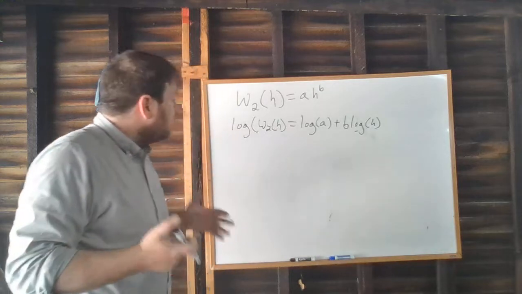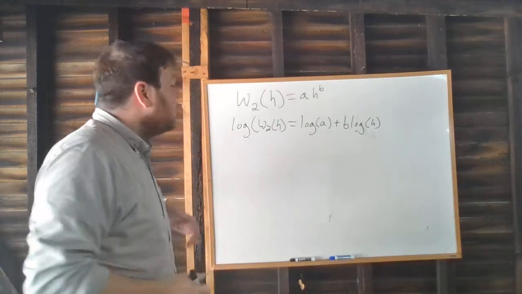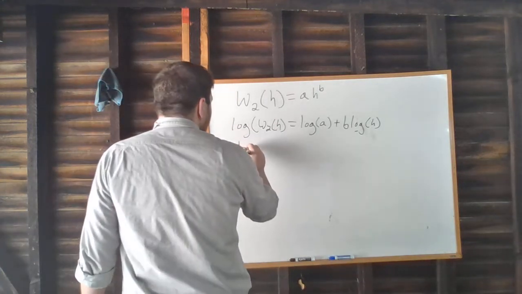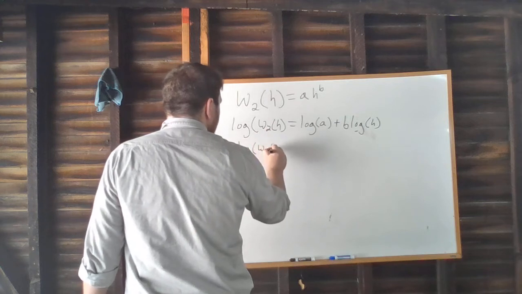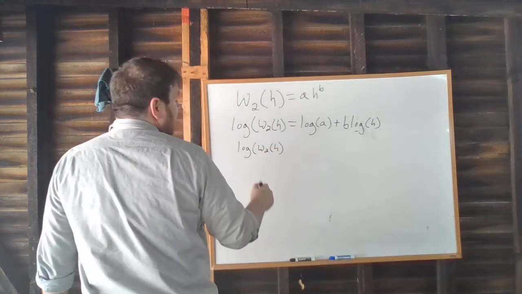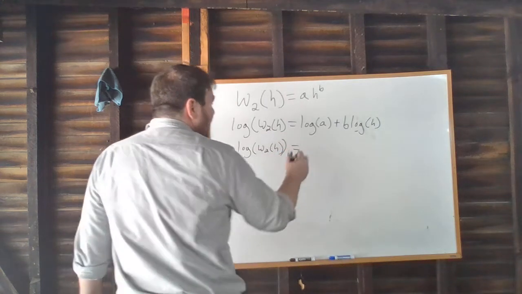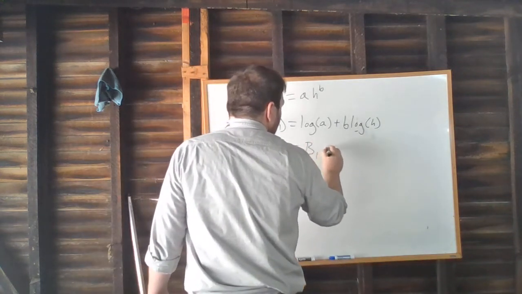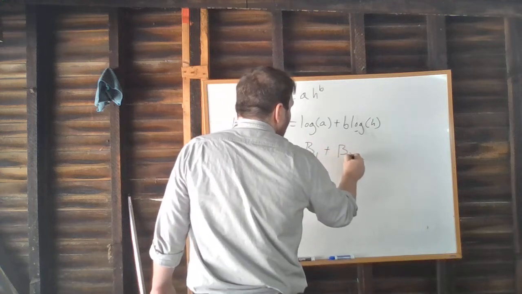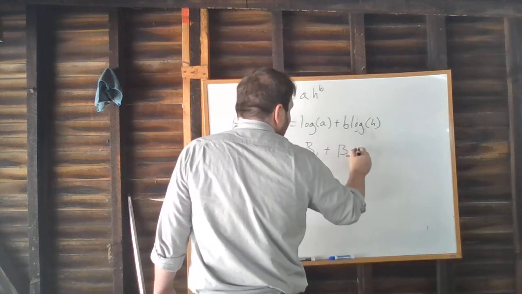And so we might think, great, we can estimate this relationship by running a regression where the dependent variable is going to be our log earnings in period 2, and our independent variable is going to be our human capital investment, our level of education.